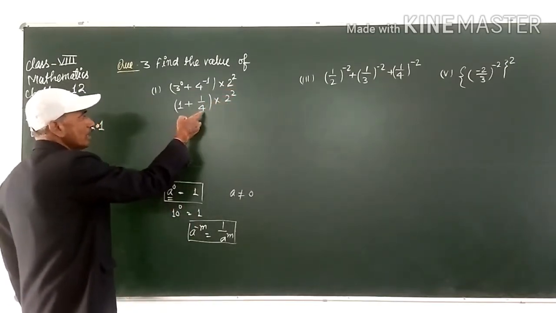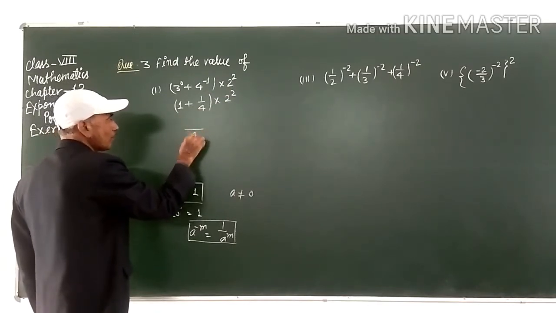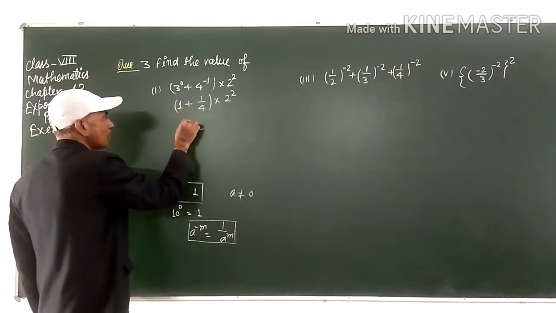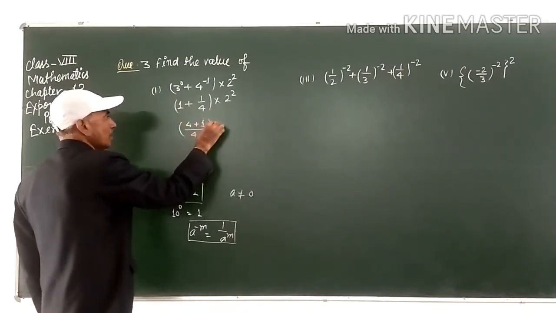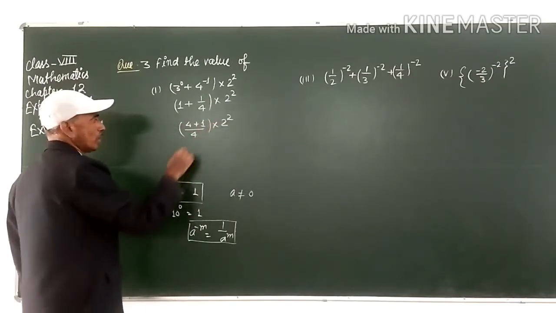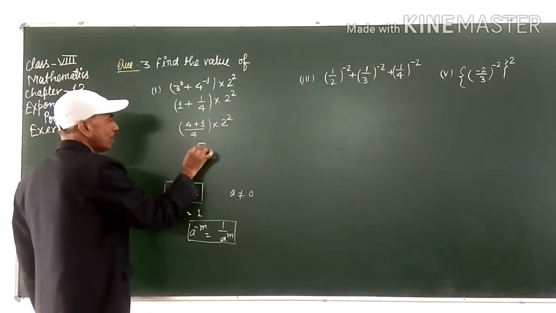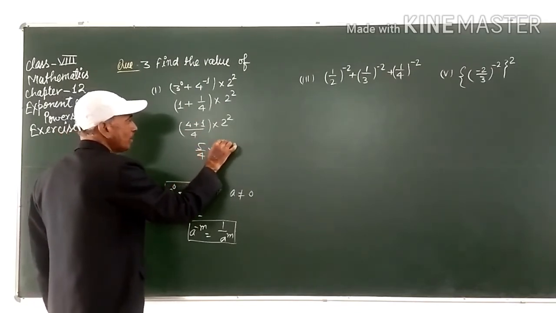Now students, in this we will take LCM, that is 4, and this one 1 4s are 4 plus 1 into 2 raised to the power 2. Now it will be 5 by 4 into 2 raised to the power 2.